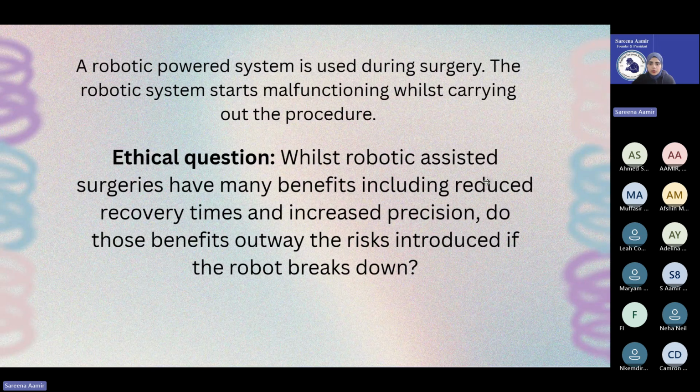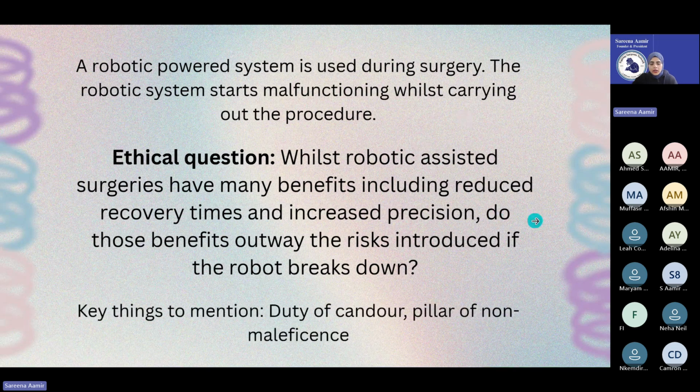I believe it's important to think of robotic systems as tools to assist in the enhancement of modern surgery, but not as a separate entity that is making decisions. The medical team will be responsible for the outcomes of the surgery. Therefore, I believe that the robotic assisted surgeries' benefits do outweigh the risks.